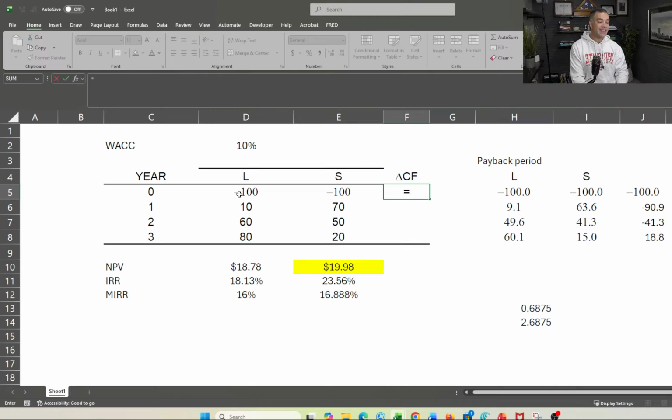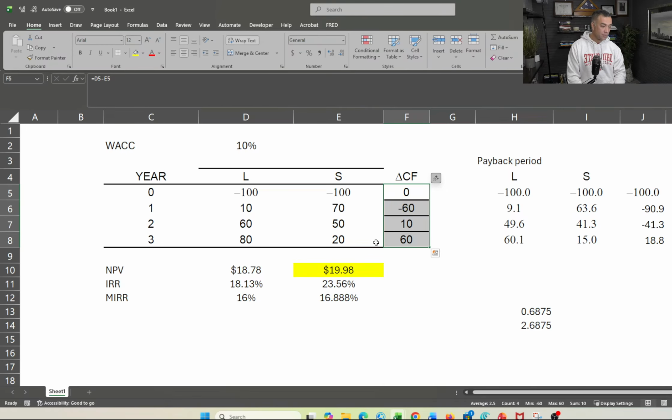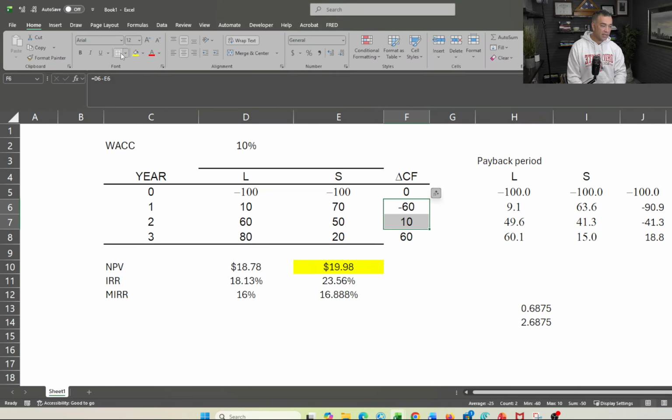I want to find the difference between the two projects. So I'm going to pick this project and subtract out this project. So I'm going to find out the difference, and then I'm going to highlight those and go down. Okay. Hold on. I'm going to take off that formatting. There you go. So that's just the difference.